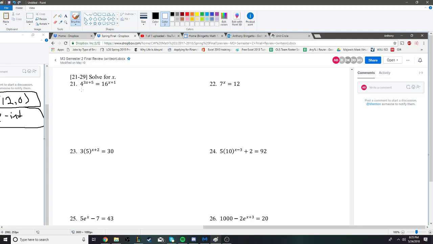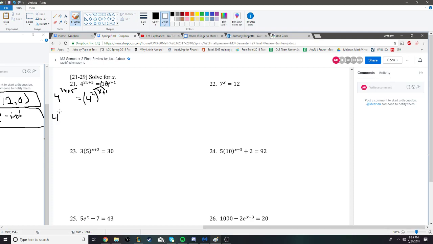Okay, to solve, we need common bases, so let's rewrite that. So this is 4 to the 3x plus 5 equals 4 squared to the x plus 1. We're going to distribute that 2.